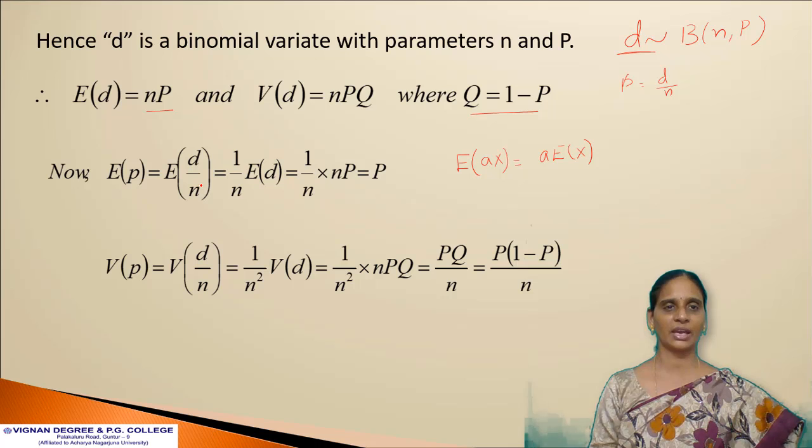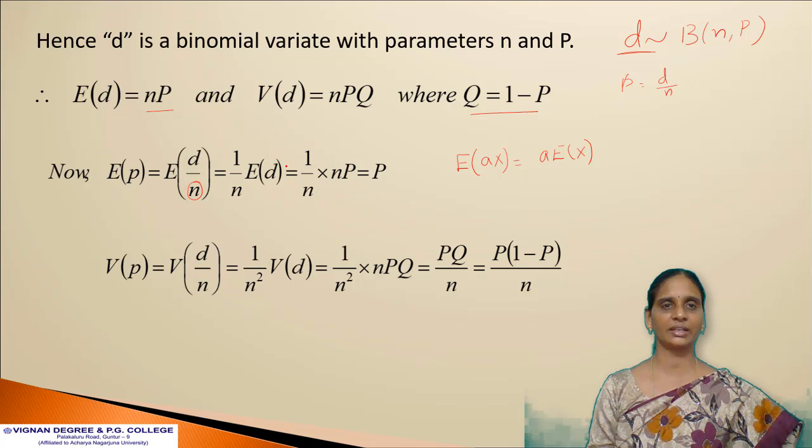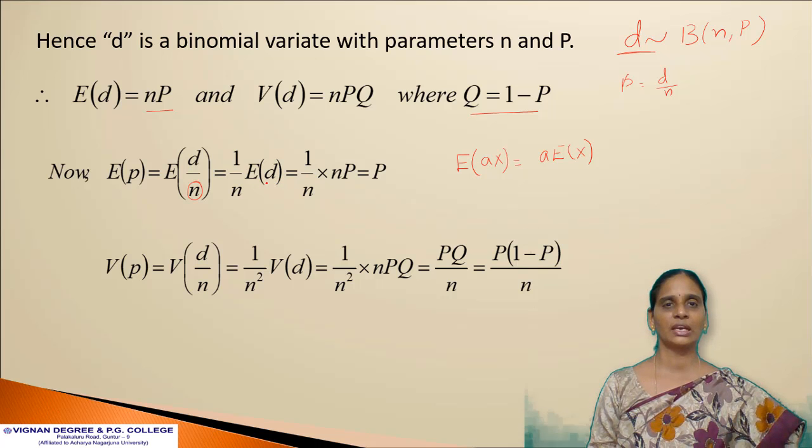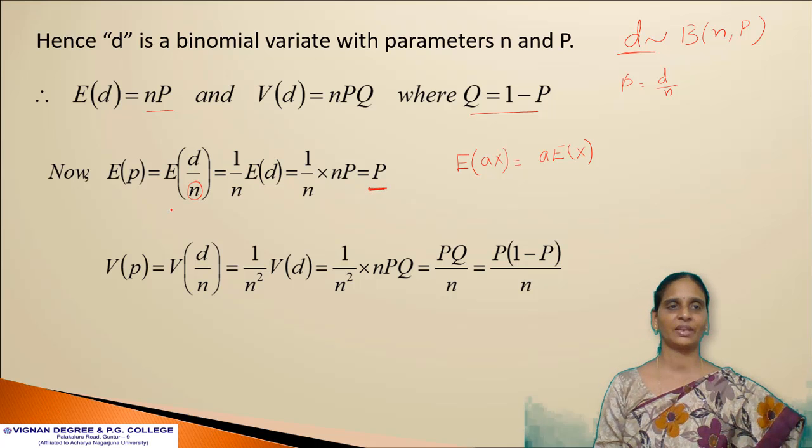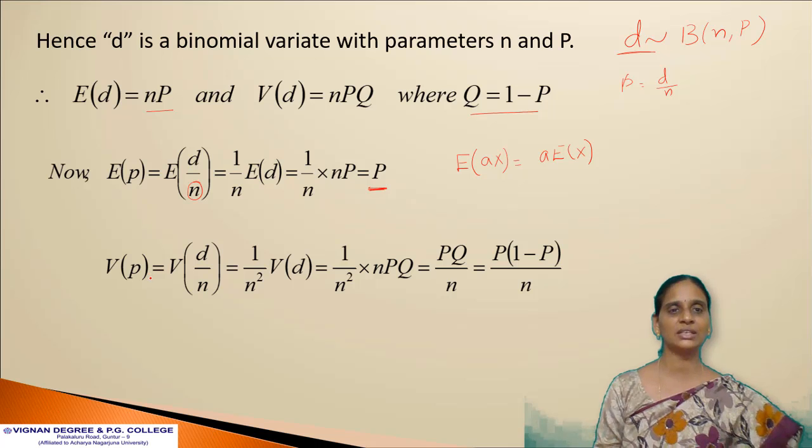Here 1 by n is the constant value, so taking it outside the expectation, we get 1 by n into expectation of D. Now substituting the expected value of D, that is NP, we get 1 by n into NP, which gives capital P.